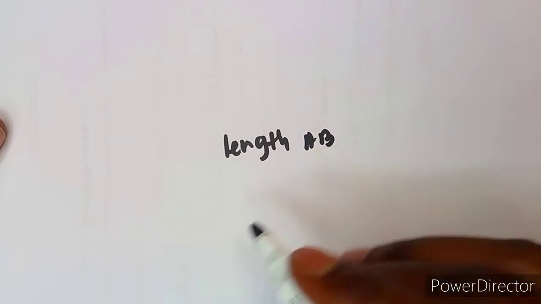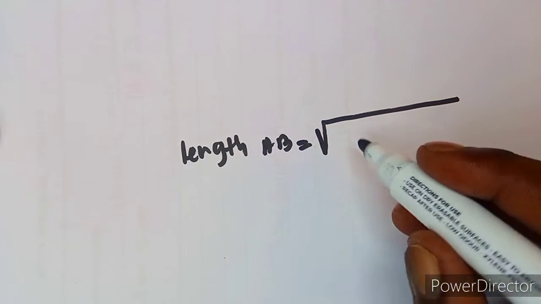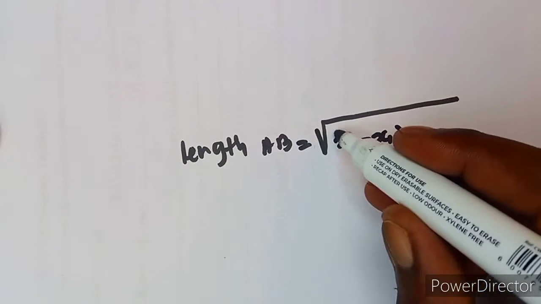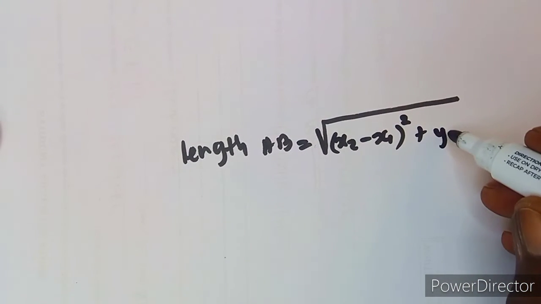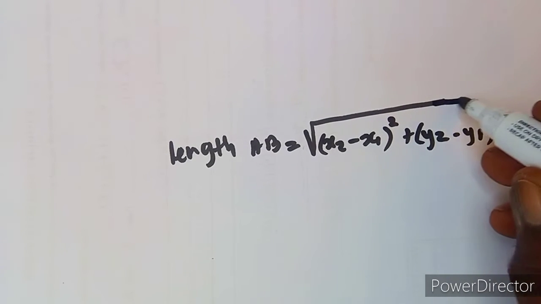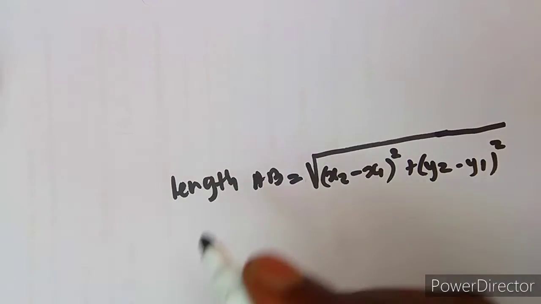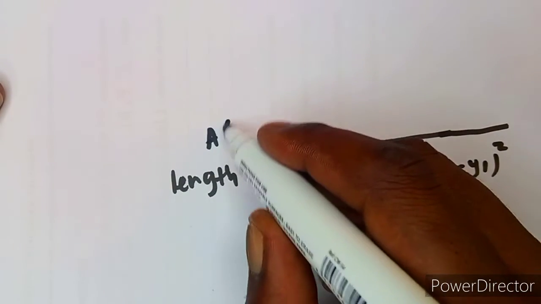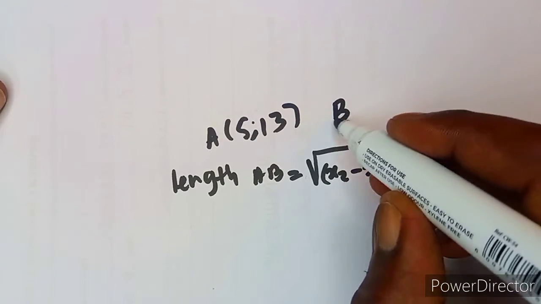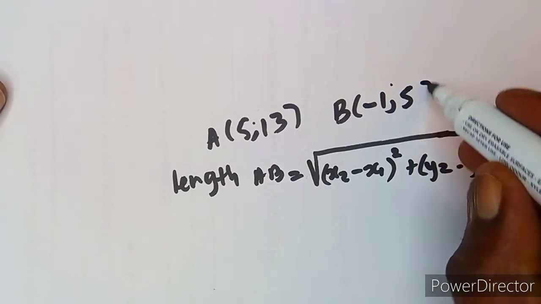So the length AB is given by the formula: the square root of (x2 minus x1) squared plus (y2 minus y1) squared, everything under the square root. From the diagram, point A is represented by the point (5, 13) and point B is represented by the point (-1, 5).